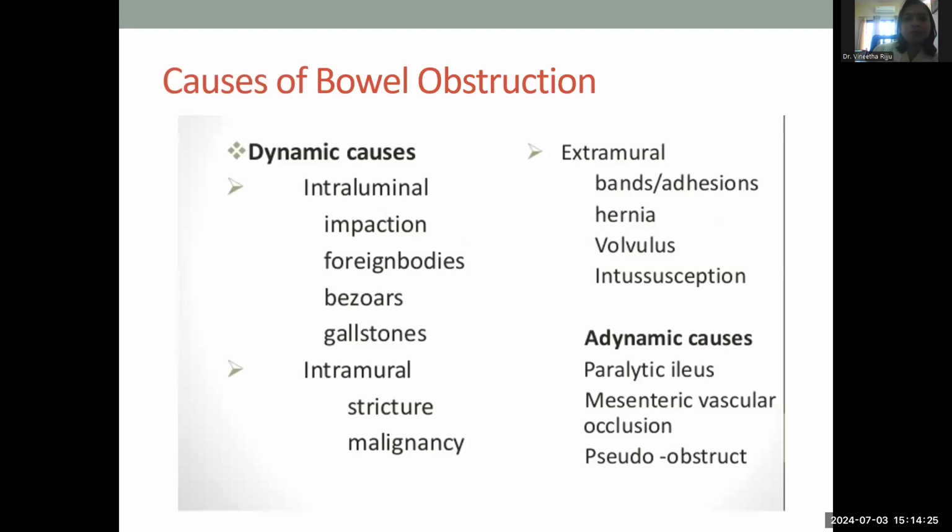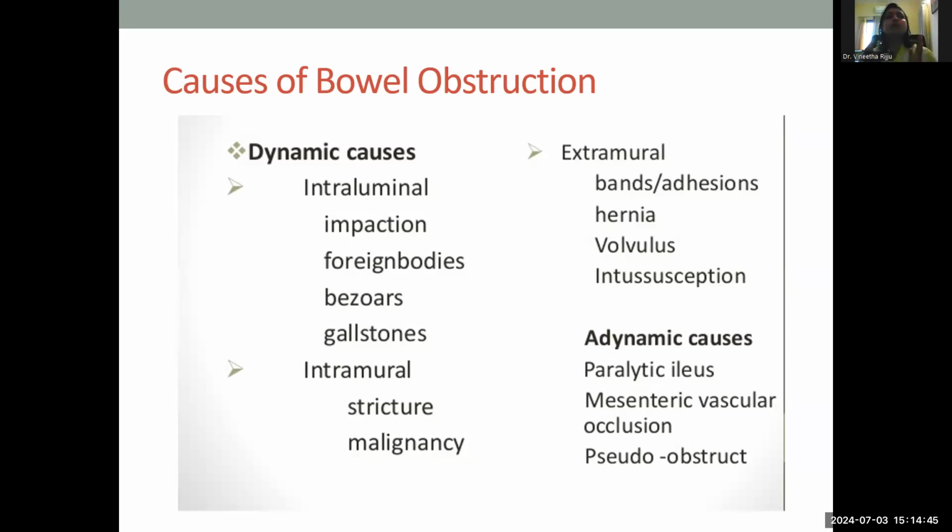Okay, so again, the reasons can be many. It could be foreign bodies, it could be gallstones, it could be strictures, it could be malignancies, again adhesions, hernia, volvulus. And we were talking earlier about RT-induced fibrosis and things like that, right?